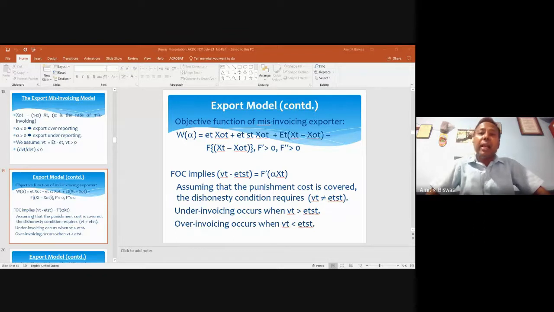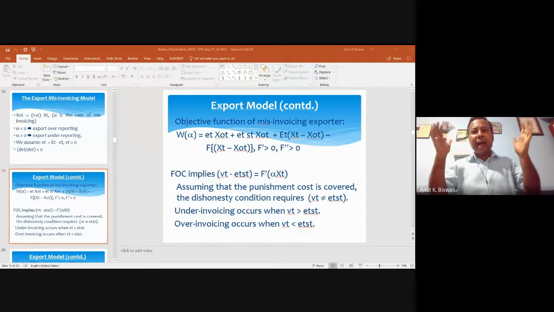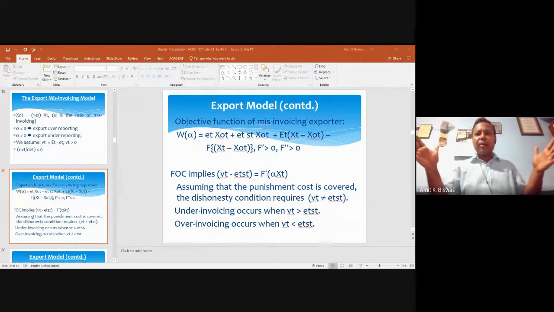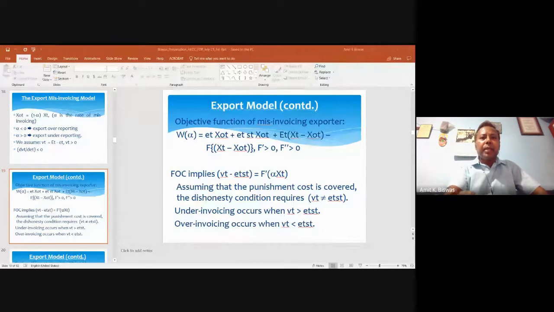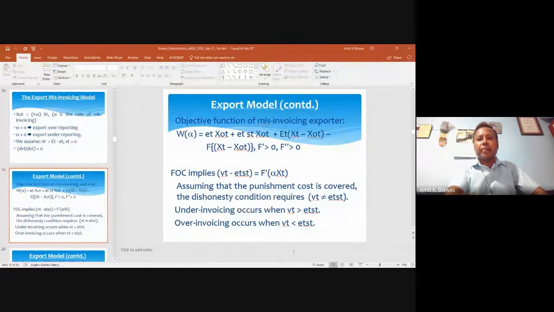But if you kill a person, you are supposed to be dealt with stringent punishment. You might be hanged. You might be imprisoned for life. So I mean to say by these examples, the higher the value of your offense, the greater should be your cost. And that is what I mean by this convex punishment cost.